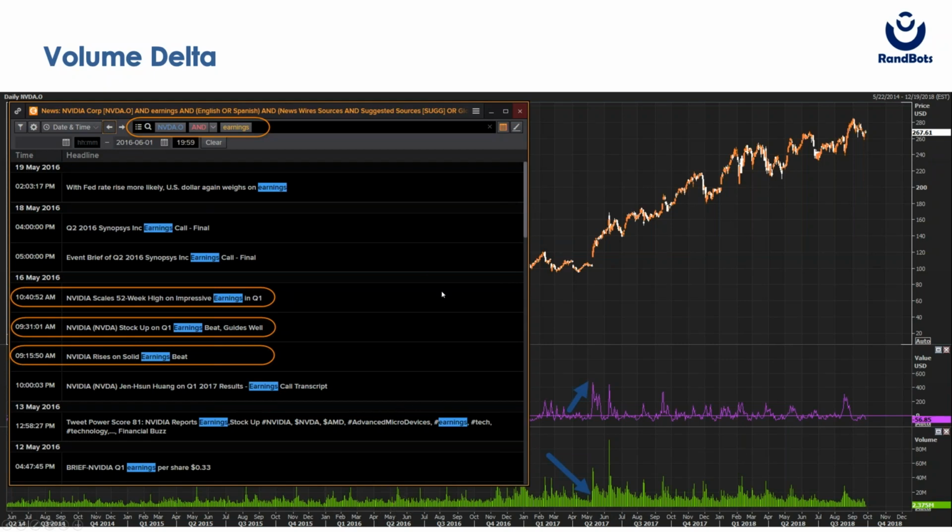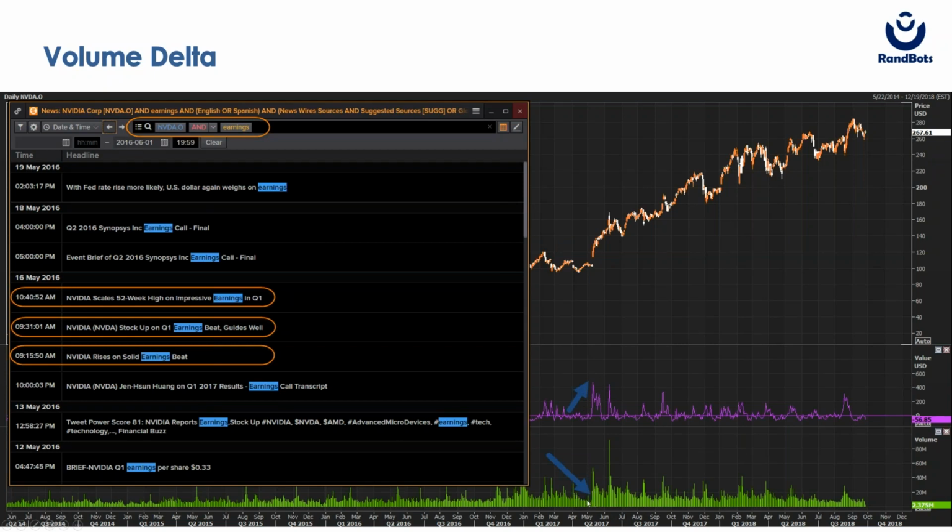I don't show the chart here because the trigger of the system did not happen until a year later. So this is Q2 2016. The system went long once the volume delta had a major spike here.